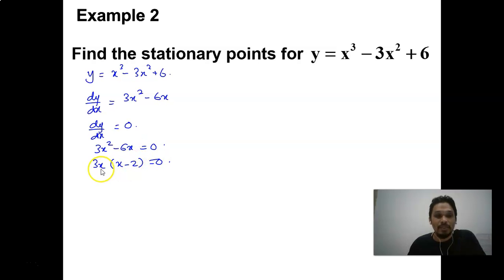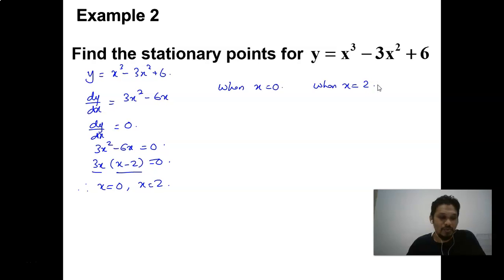Okay, from here, we come up with the conclusion that the value of x equal to 0, then x equal to 2. By the way, we are going to find out the stationary points of this, when x equal to 0 and when x equal to 2.